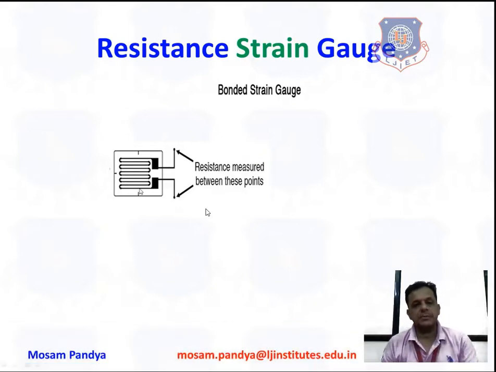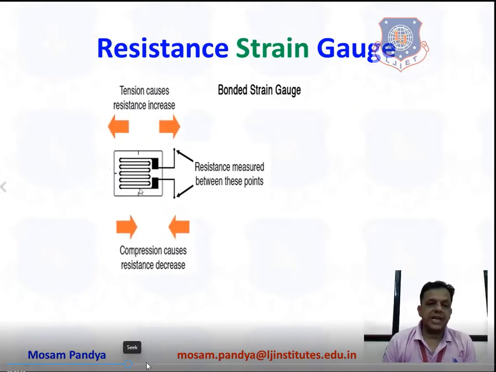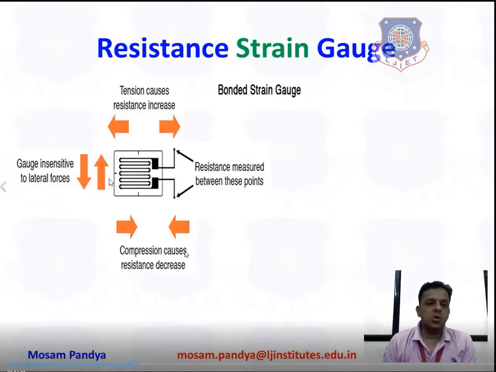This will be actually implication of the applied force. So the force can be tensile force. The tension causes the resistance to increase, and compression decreases the resistance. Here keep in mind the wire is fixed and no lateral forces are working here, that we understand here.